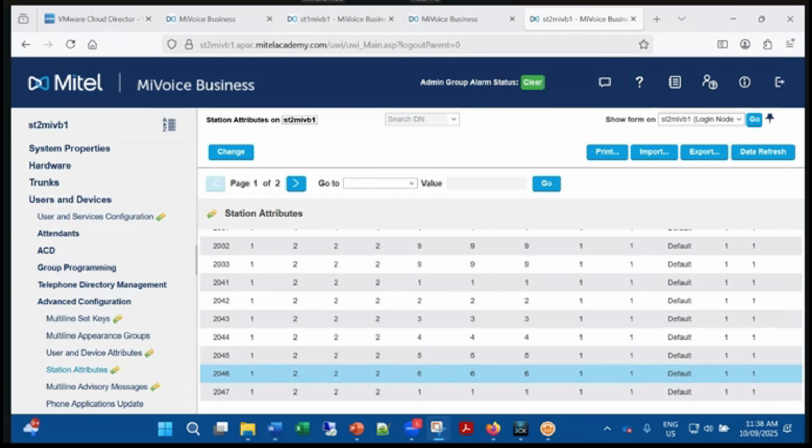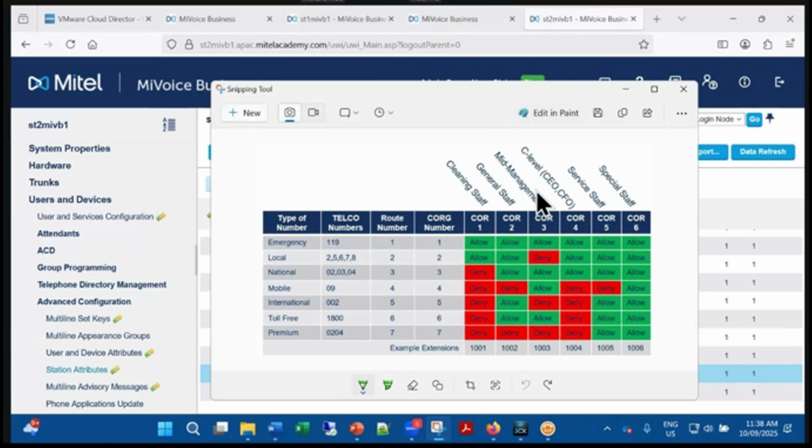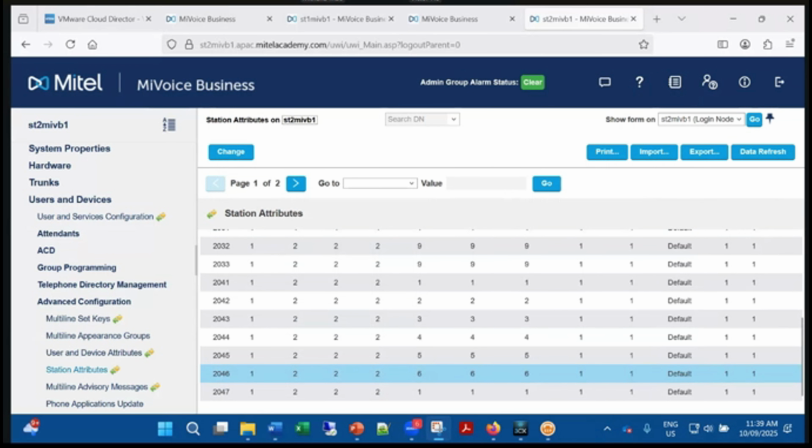In previous classes, I've got students who think they're too clever, they don't need to do this table, things don't work. Then they say, Victor, why is it not working? I ask them for the table, they can't show it to me. I say, I don't want to know. They don't draw the table, they know more than me, they can fix it themselves.